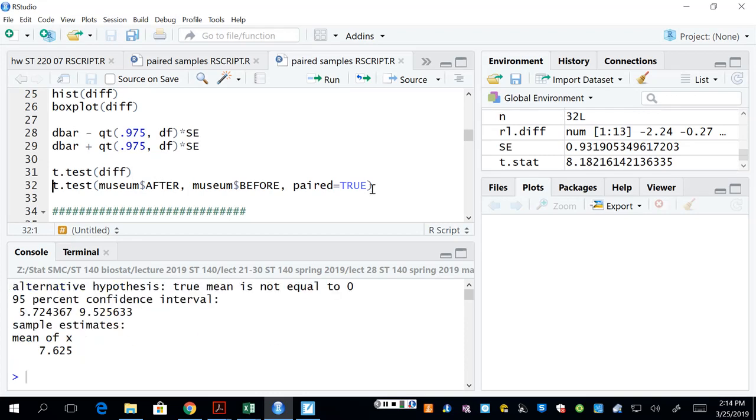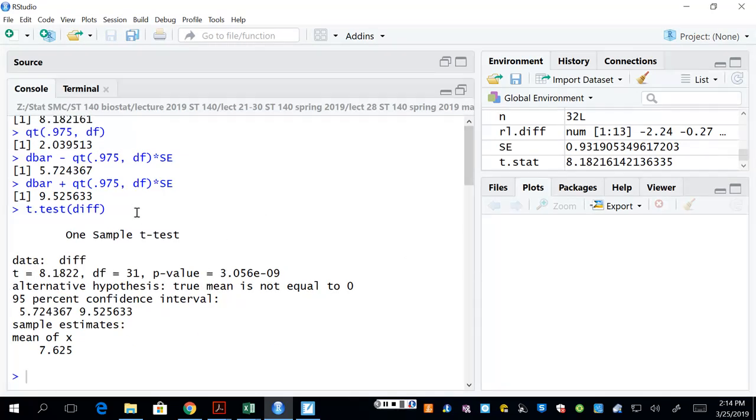When there's only one variable listed, it will test whether the mean is 0 or not. The alternate hypothesis is that it is not 0. The one sample t-test gives a very extreme t-value. The p-value is practically 0. This is scientific notation, so there are 8 zeros and then a 3, so less than 0.001. It gives a 95% confidence interval and reports the mean.